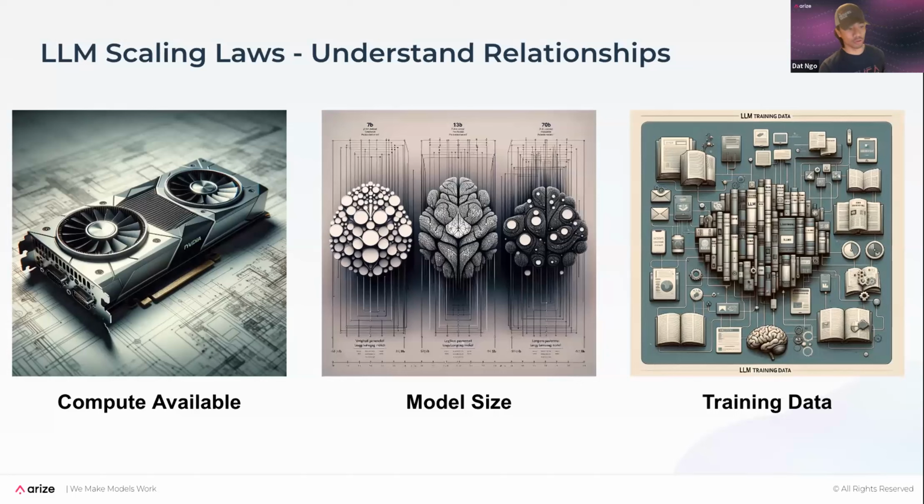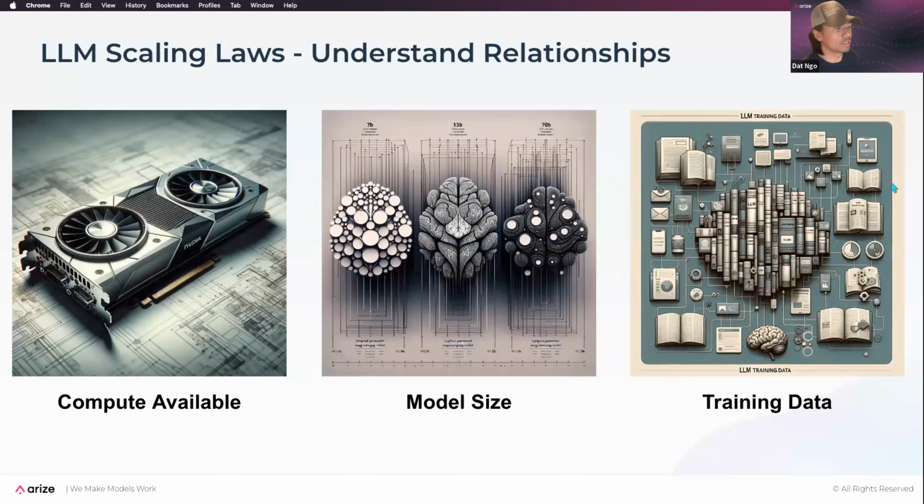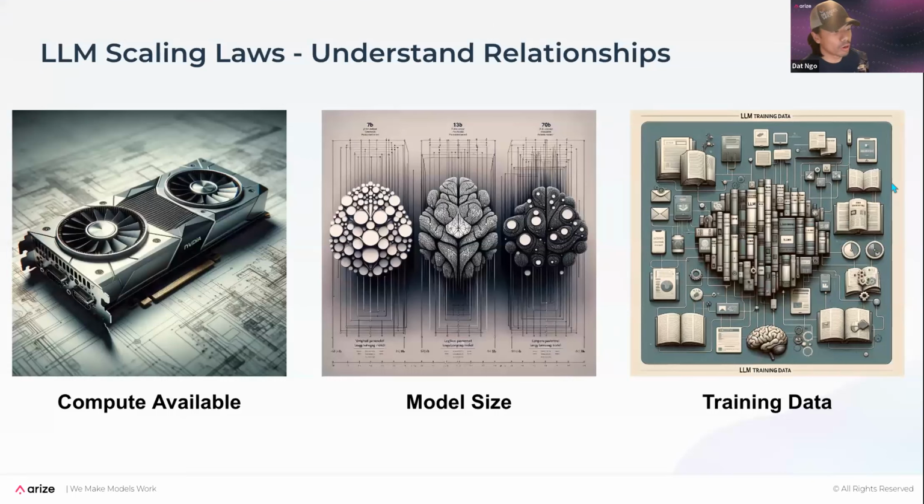A lot of how this is determined is parameter size. If you hear words like Llama 70B, the 70B is the model size, or 70 billion parameters. Essentially, that is how we measure the changing switches inside of a specific model. I think most people are familiar with that. And the last important thing is training data. When we're training LLMs, the relationship between model size and training data is something really important to understand.